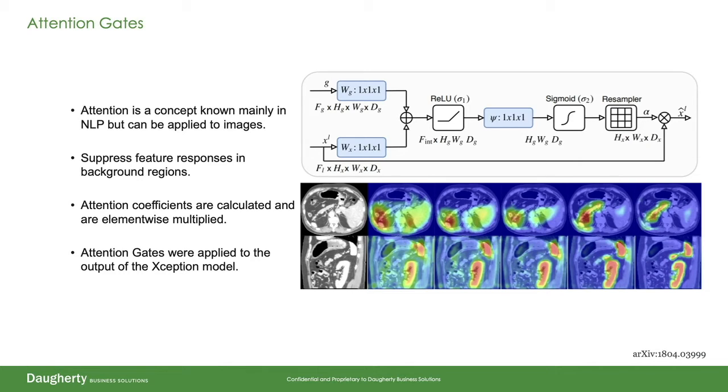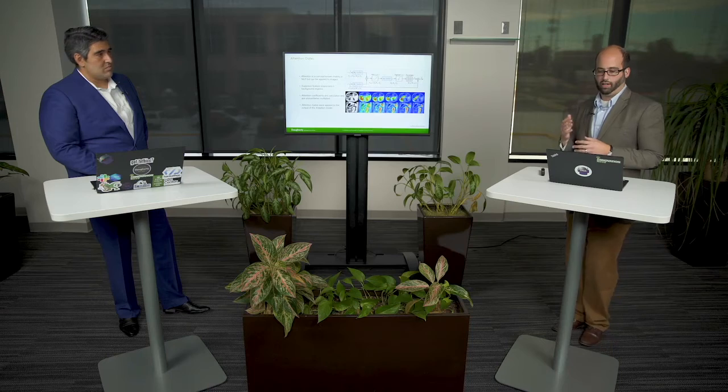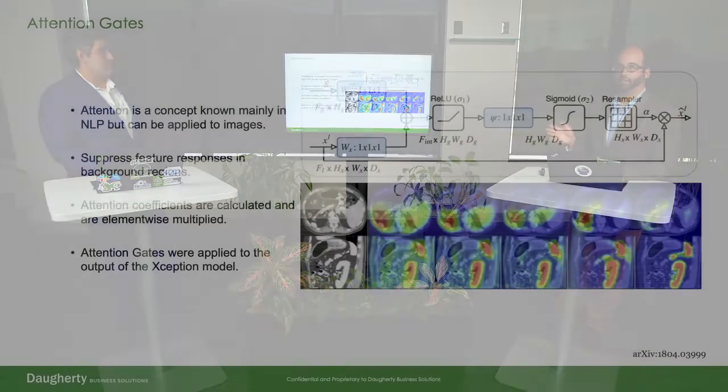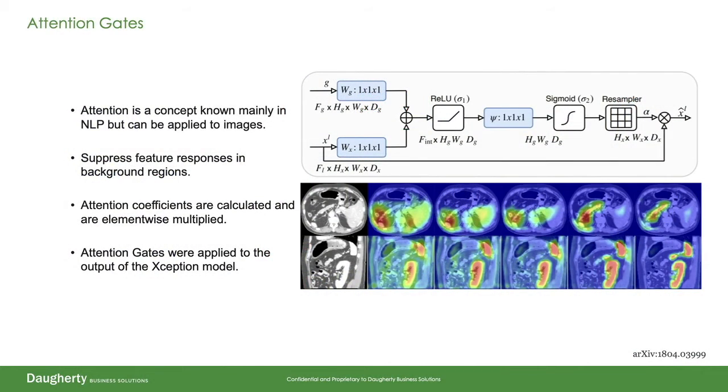The way it does this is it takes global features from a more coarse granularity in your model and your current feature map, your local features, and combines them. This highlights what the important areas in the image are. It applies an activation function, reduces it to a single channel dimension, and applies a sigmoid to move every pixel between 0 and 1 for the coefficients. Then it just multiplies your original feature map by these attention coefficients.